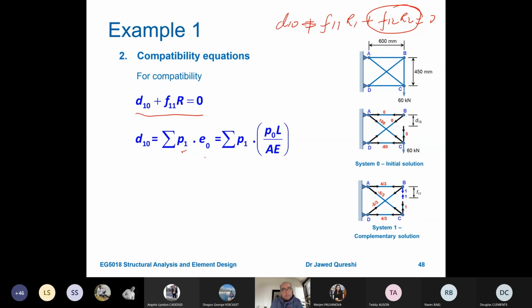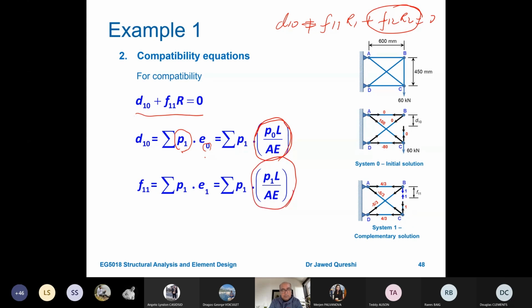P1 is the virtual system, and E0 is the 0, meaning it's the real system. And that real system, discarding the manufacturing imperfections and other temperature changes, is equal to P0 L over AE. And F11 will be equal to P1 E1, which means that E1 is going to be like this.